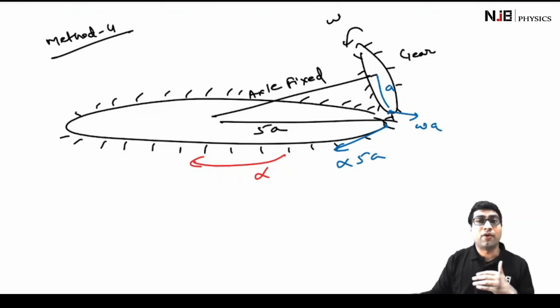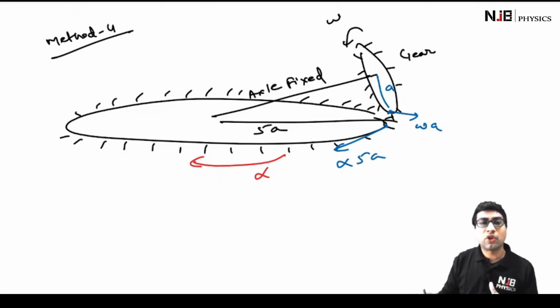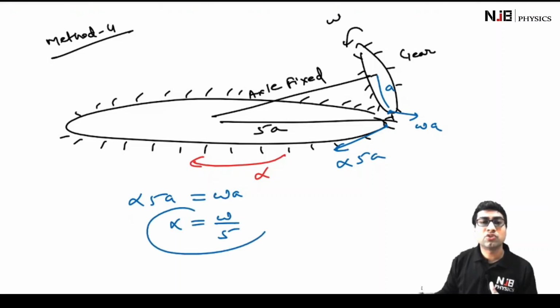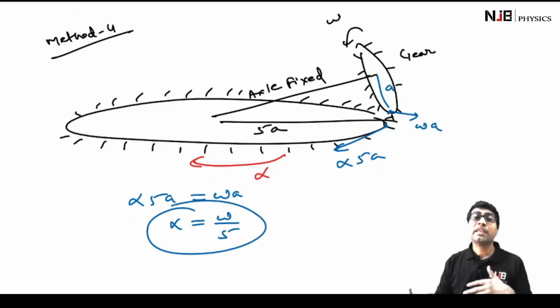So equating these two tangential velocities, alpha times 5a is equal to omega a. We get the value of alpha as omega divided by 5. So this is the fourth way in which you get alpha as omega divided by 5. So these are the four methods in which we can get the value of angular velocity of the center of mass about the z-axis.